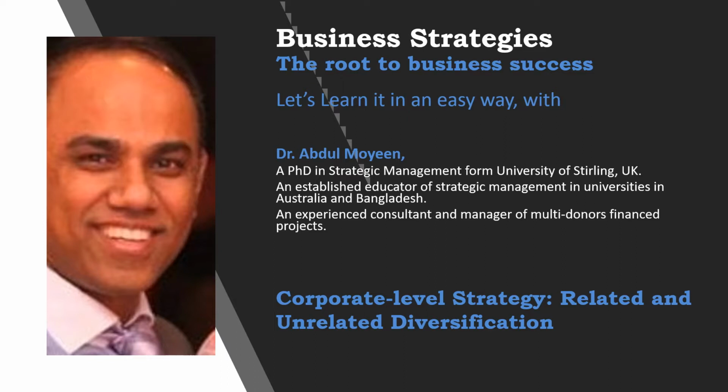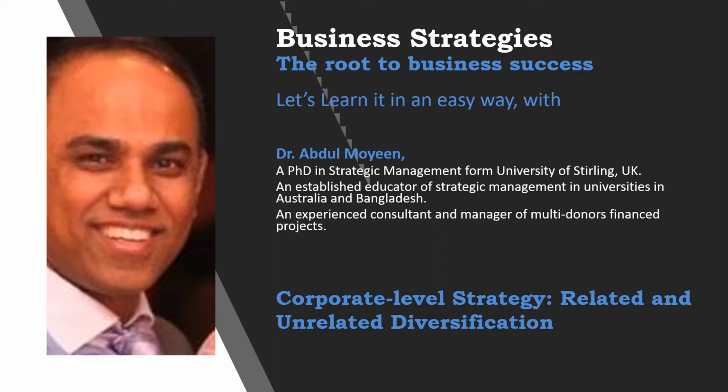A corporation can increase firm's profitability using diversification strategies in a number of ways. For example, through transferring or leveraging competencies, sharing resources and capabilities, product bundling, or leveraging general organizational competencies.